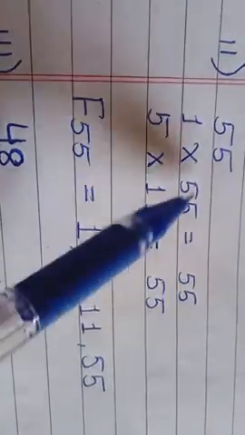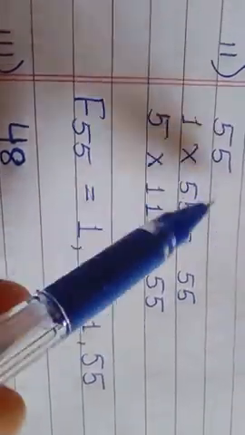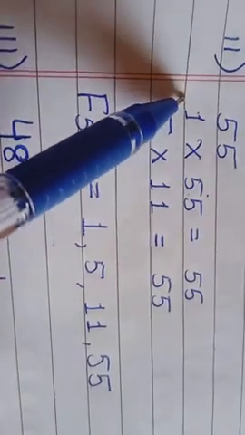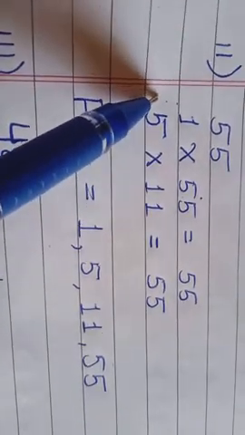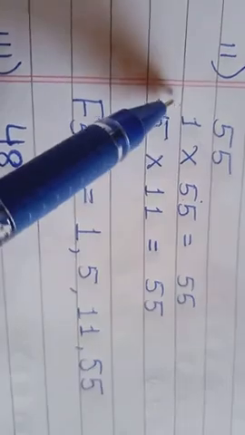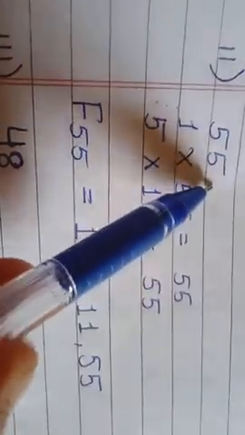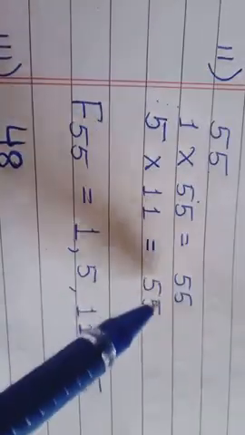Okay. Let's see the second one, 55. 1 55s are 55. So 1 and 55 are factors, no doubt. But after 1, 2, 3, 4 cannot divide 55 completely. So 2, 3, 4 are not to be written. Then directly 5, 5 11s are 55.